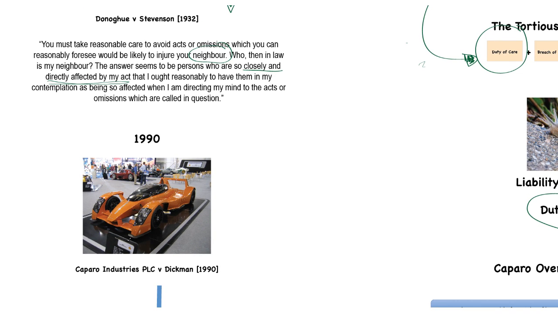And the case itself is Caparo Industries plc versus Dickman in 1990. And Caparo Industries were a manufacturing firm really, but they specialised in things like high top of the end sports cars. Once again, you don't need to know the facts of the case. We will revisit them when we look at economic loss at A2.